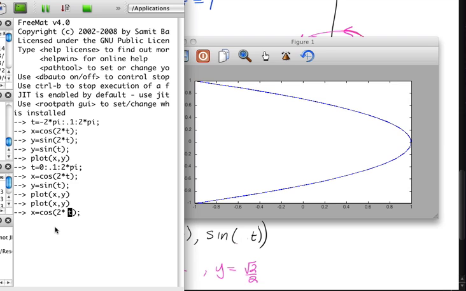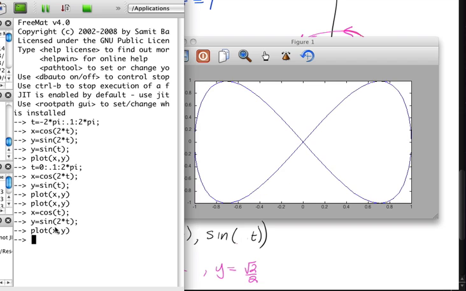The first one was cosine of t, sine of 2t. So here we were at 0, right?